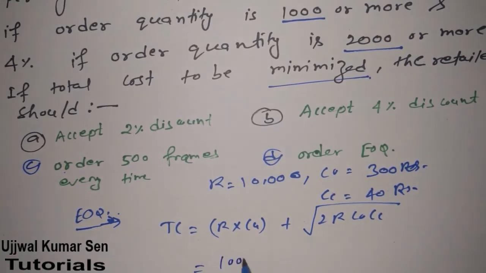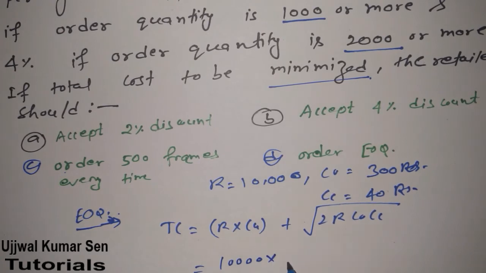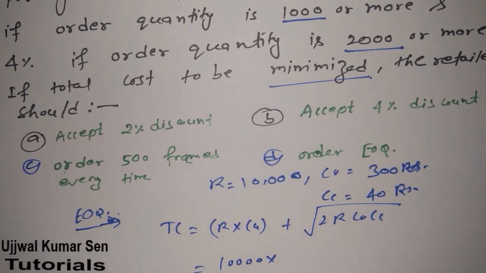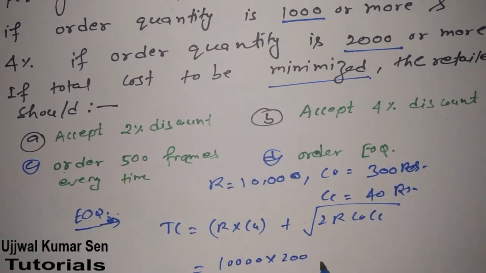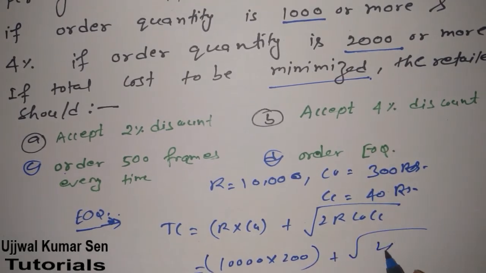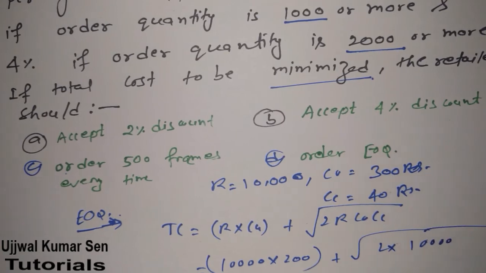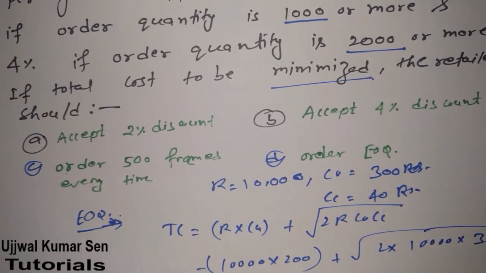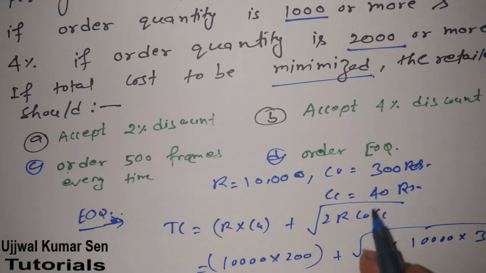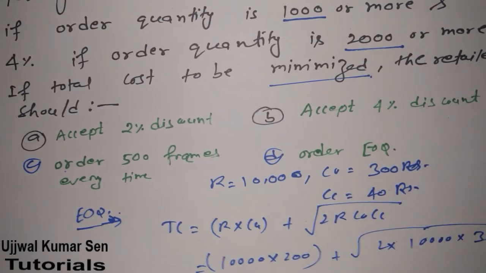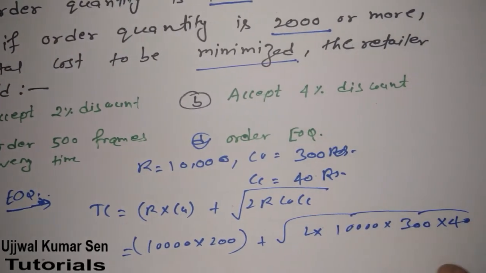So what is R here? 10,000. What is CU here? It's the purchasing cost, that is 200 here. Plus root of 2 multiplied by 10,000 multiplied by 300 multiplied by 40, because ordering cost is 300 and carrying cost is 40. That's why I have written all this.